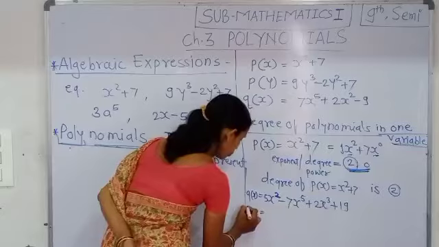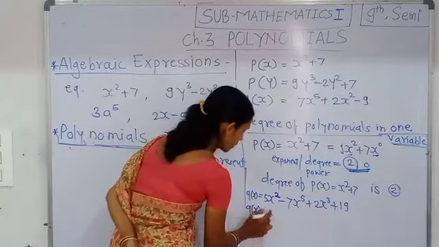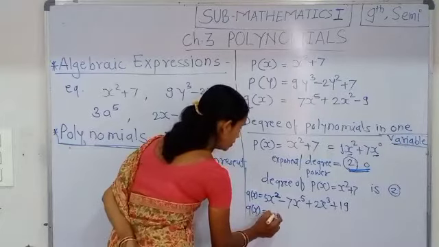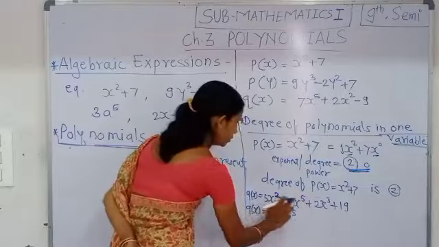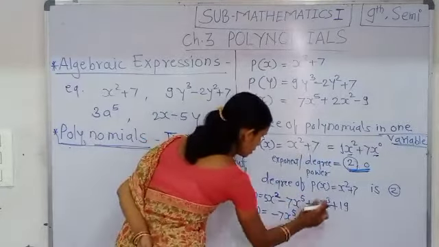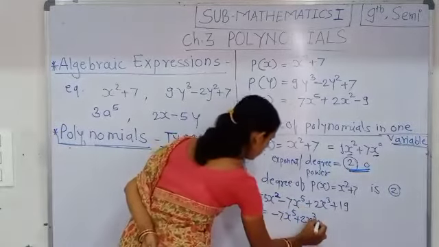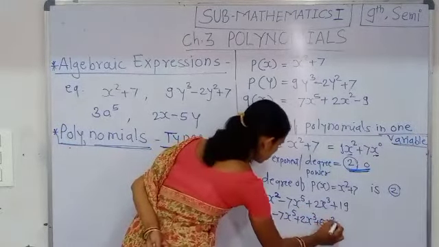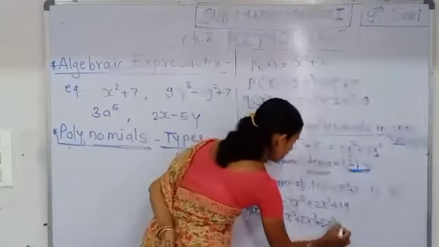Therefore q(x) is minus 7x raised to 5, then the degree 3, 2x cube, then plus 5x square, plus 19.